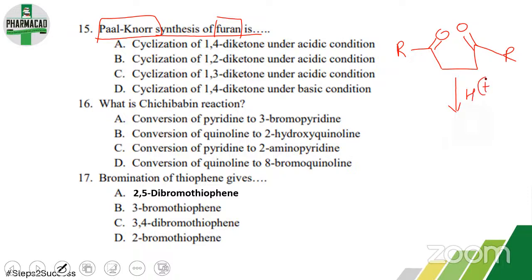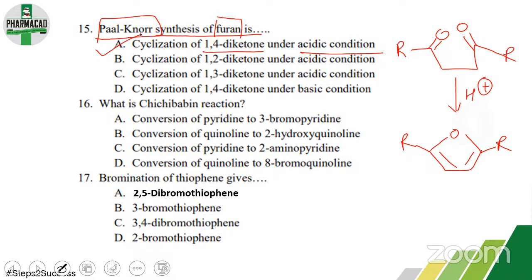So when I react in acidic condition, I'll get furan, the substituted furan over here. Remember another thing, when I react with ammonia, we will get the pyrrole. And when we will react with this sulfur containing reagent, we will get the thiophene instead of furan. That's why the answer is cyclization of 1,4 diketone under acidic condition, that is option A.